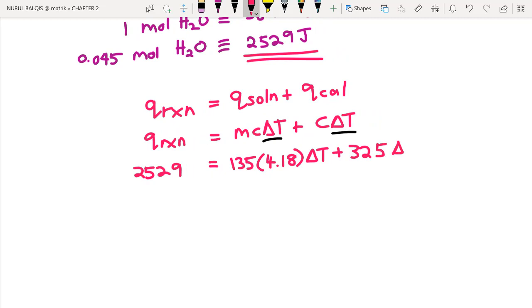Then we have delta T. We take this delta T and put it aside to calculate it. The final answer is that our delta T is 2.84 degrees Celsius. We don't want to find the delta T, we want only the final temperature.